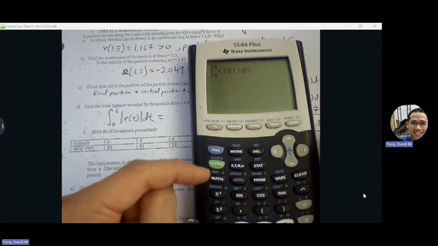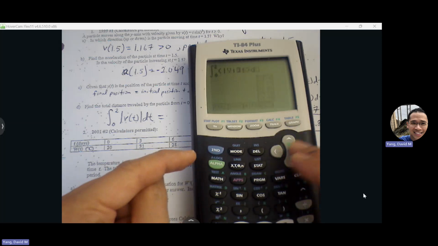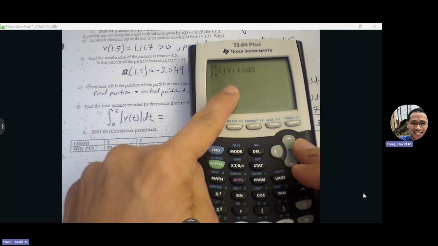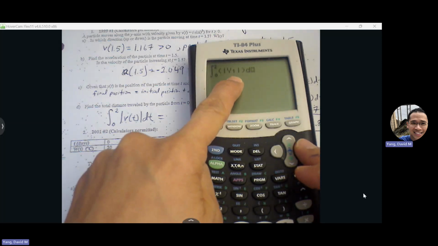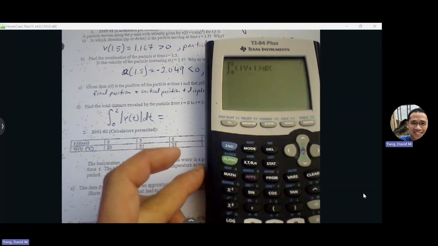So we get that absolute value notation to show up, and then you do alpha trace, y1. We're calling that same velocity function again, and then dx.